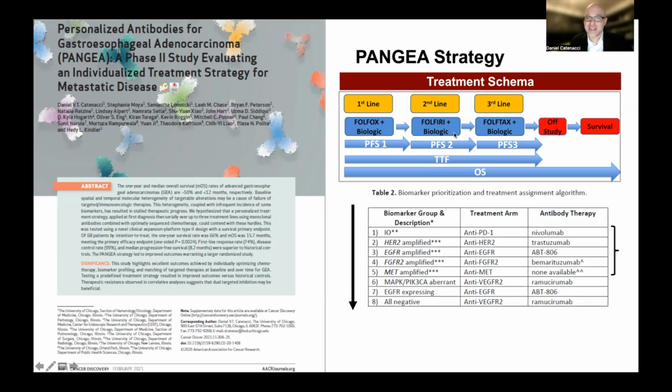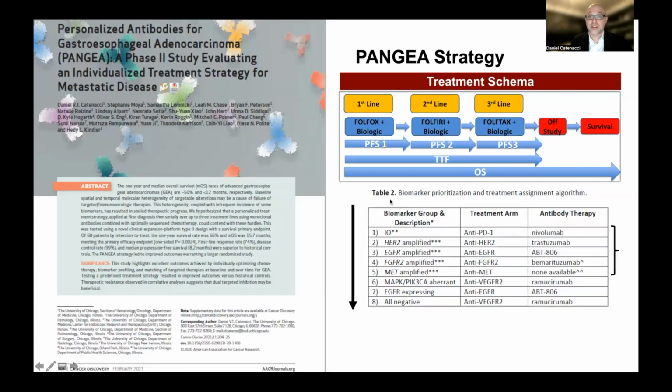And so classic clinical trials usually are only performed in a certain line of therapy, whereas the Pangea study was including patients from the beginning at newly diagnosed stage 4 disease, and then following them through 3 lines of predefined therapy based on biological characteristics of their tumor.